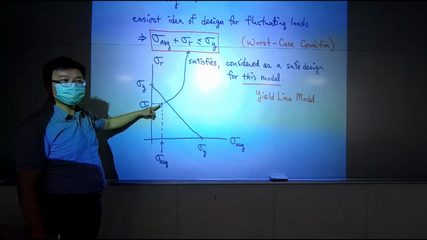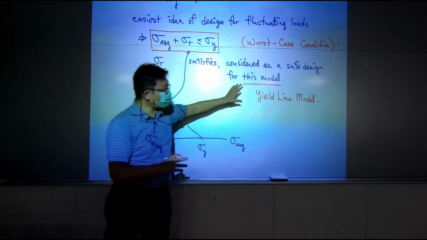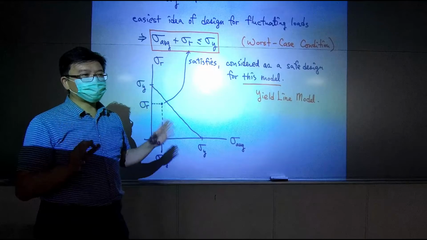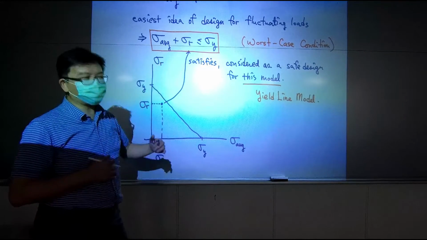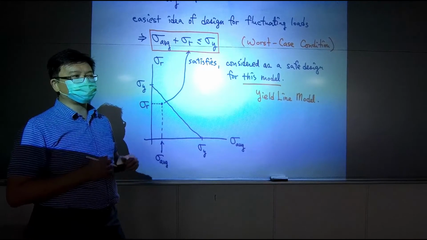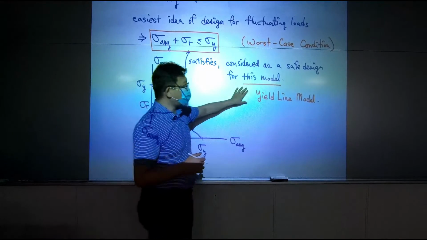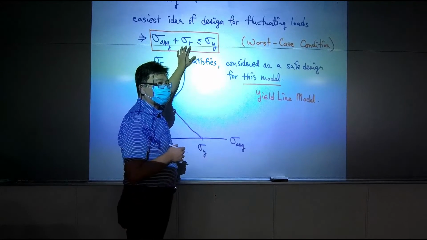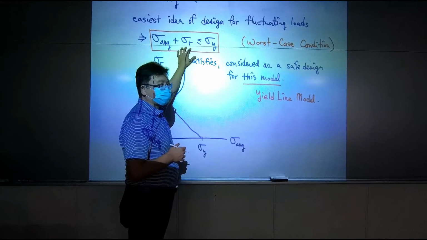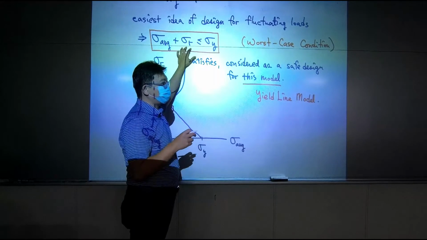That's true. So the yield line model doesn't consider the drop of your strength due to fatigue. It only considers the fluctuating stress, but it doesn't cover the idea of fatigue.